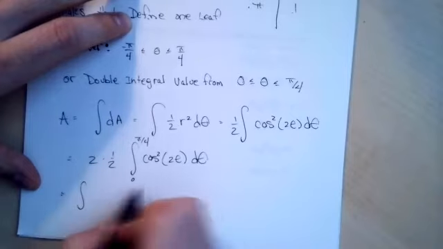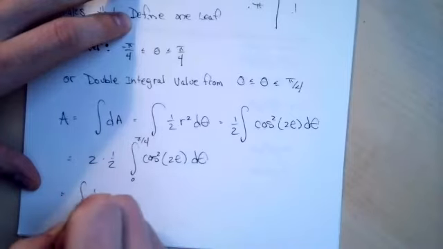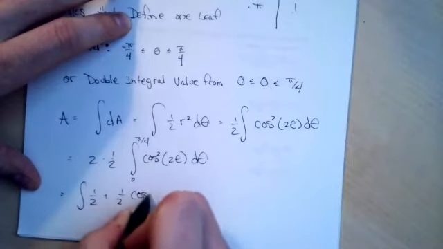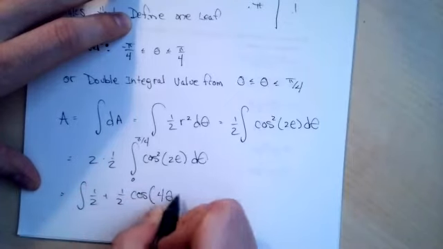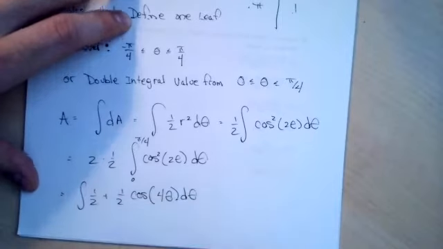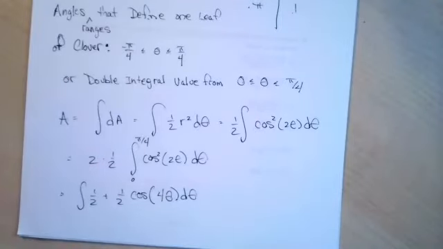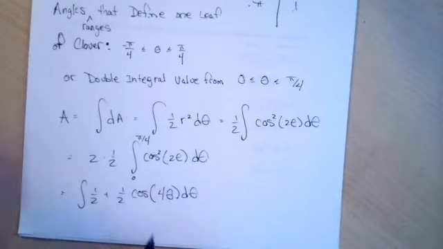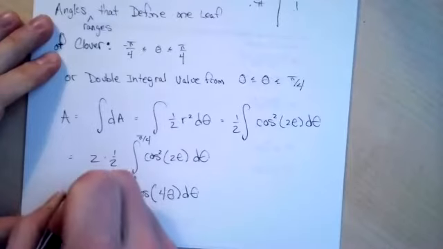Cosine squared is 1 plus cosine 2 theta all over 2, which is 1/2 plus 1/2 cosine of now 4 theta, since we started with an angle of 2 theta. We're integrating from 0 to pi over 4.